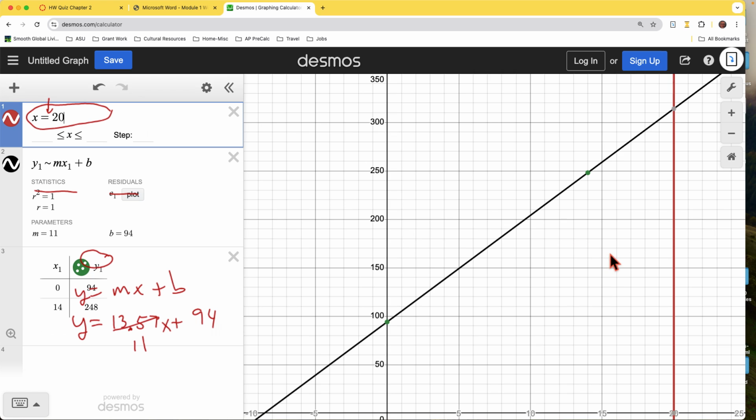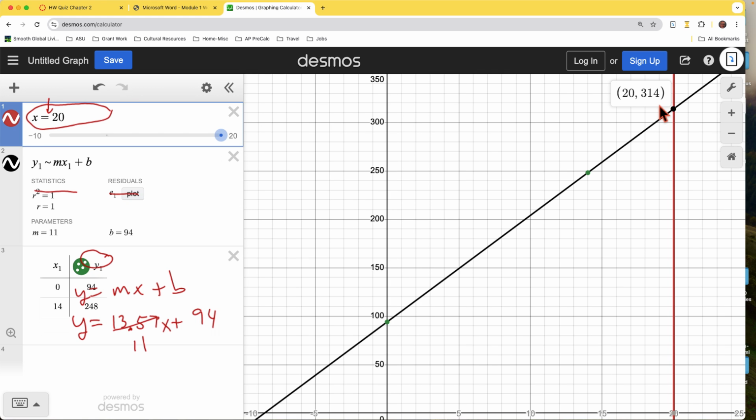That's going to give me a vertical line when x is 20. And notice there's this intersection here. And x is 20, that's the year 2010, right? How much is tuition going to cost? $314. We just did our mathematics visually.